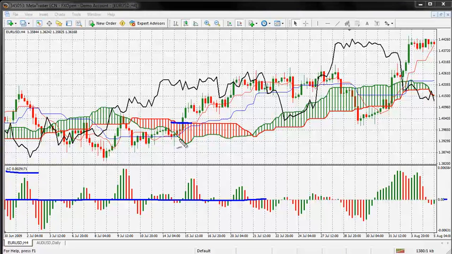Now this breakout, as you might recall from one of the other videos that we did in module 2, when the price breaks the cloud it is called the Kumo breakout, K-U-M-O, if that's how you pronounce it. And you normally go long on the next bar.